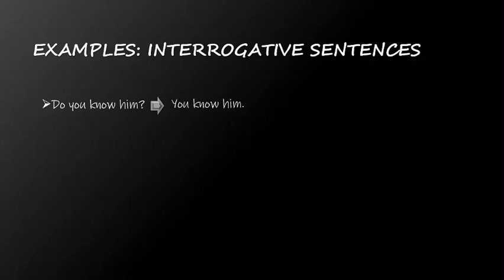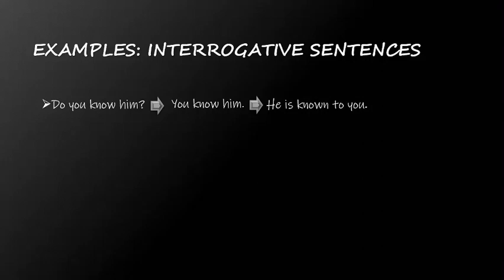And then remember what I said, convert this statement, assertive sentence, into its passive voice. So, him becomes he, you remains you, and know becomes its passive form. So, he is known to you. He is known to you, right?